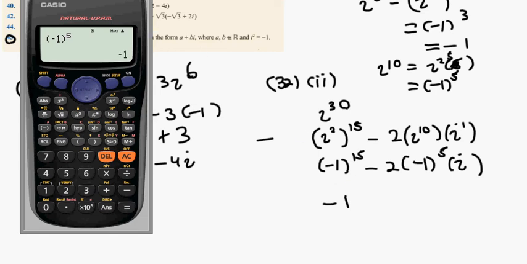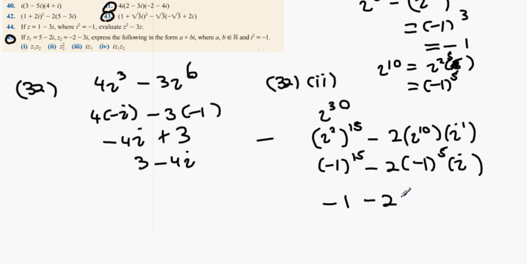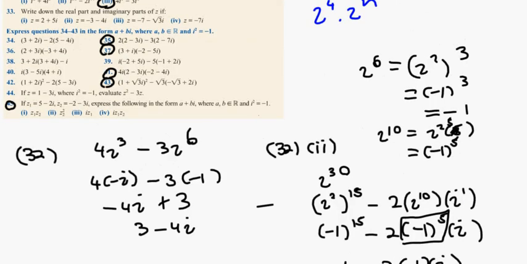So it's going to be minus 2 times minus 1, because this here is minus 1, and then times i, and what we're going to get is minus 1 plus 2i. Okay, so there's question 32 done for you.